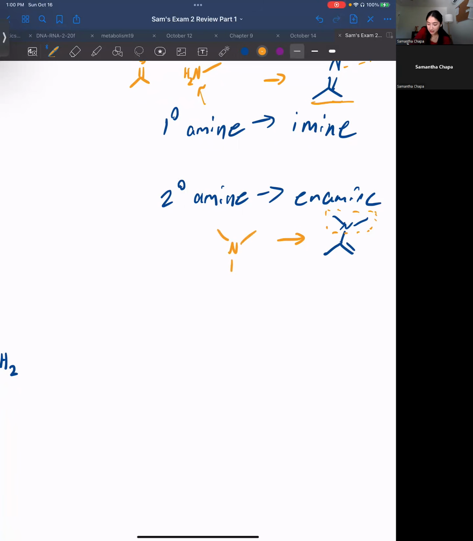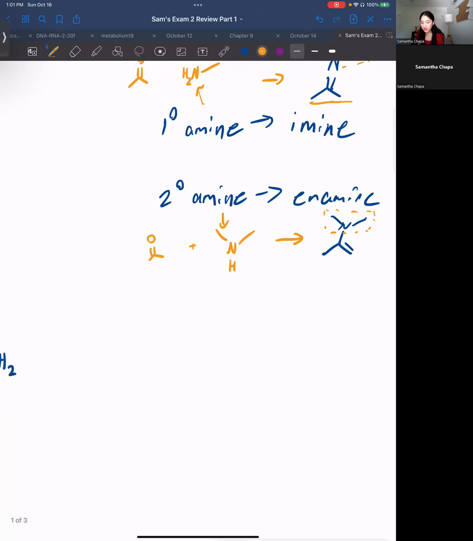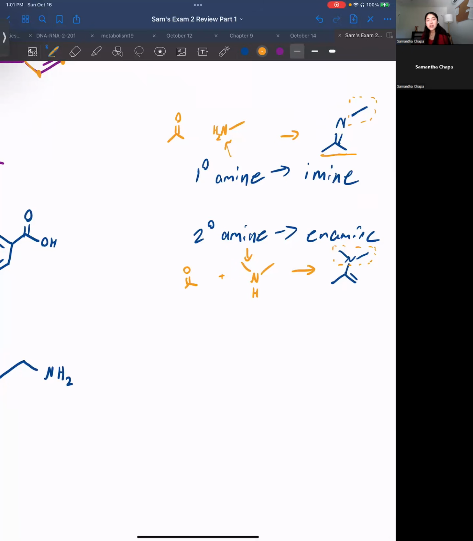So two methyl groups and a hydrogen, because you can't forget that hydrogen, or else it'll be charged. Okay. So it'll be a secondary amine and a simple carbonyl group, or a simple ketone, that will make that enamine.